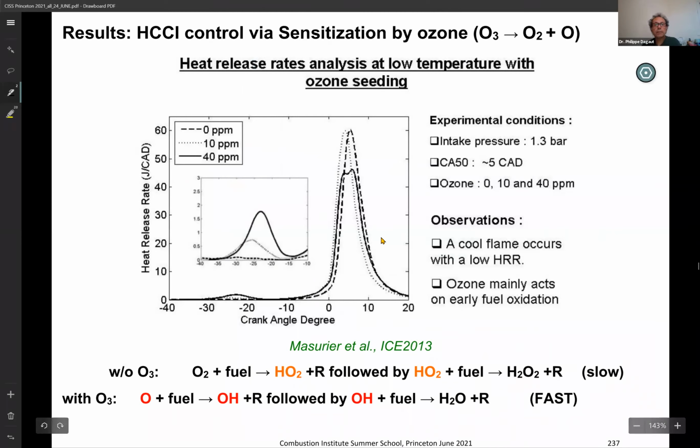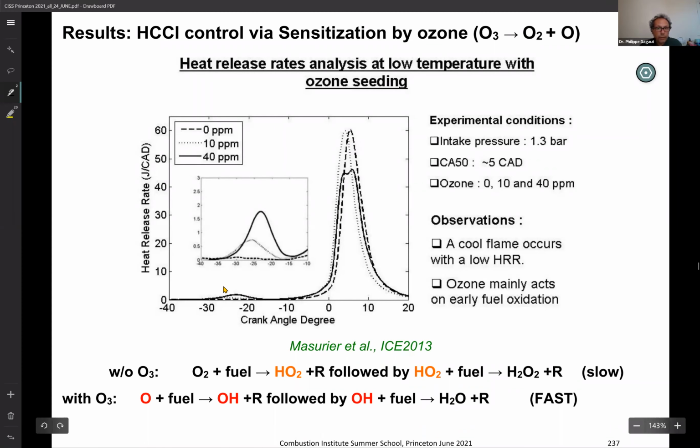And what we could see is that the addition of ozone has a strong effect on ignition. Here we plot the heat release rate as a function of crank angle. You see there is a tiny heat release corresponding to cool flame, and then you have the main flame occurring here.